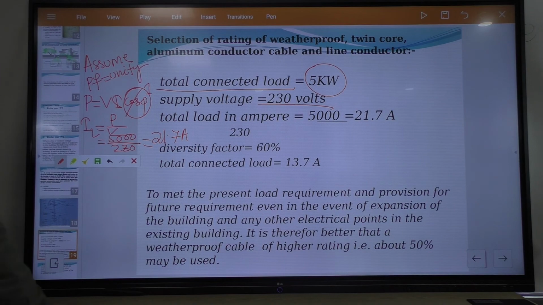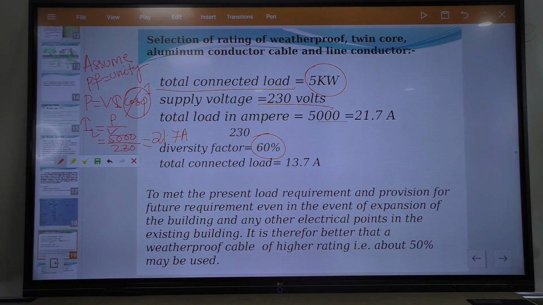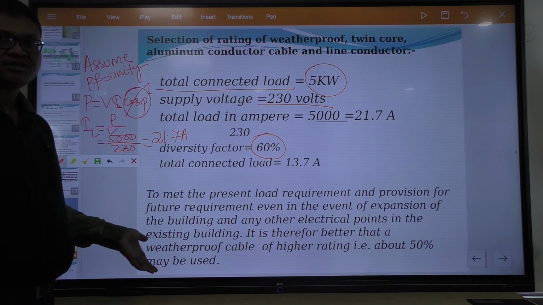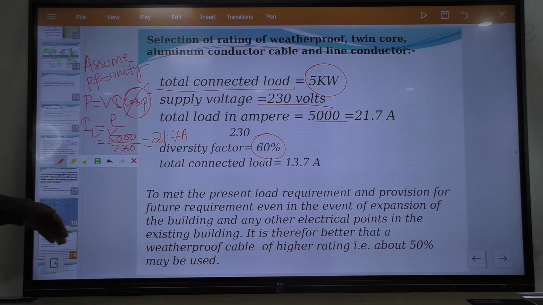21.7 ampere. The diversity factor is taken as 60%. Diversity factor means that not all the loads are connected at a time. So for that we take 60% as the diversity factor.